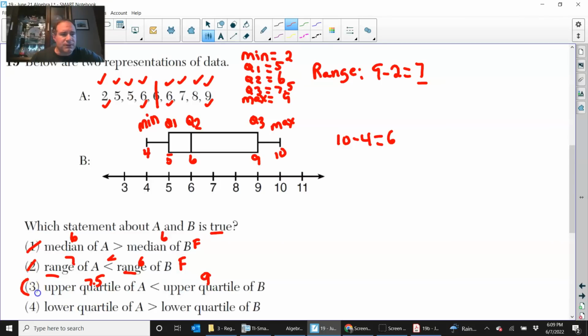That is true. That should be my answer, but let me just check. The lower quartile, Q1, which is 5, is greater than the lower quartile, and that is false. That's why 3 is your answer, and that's about it.